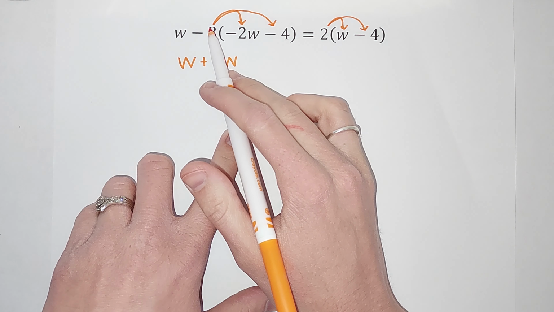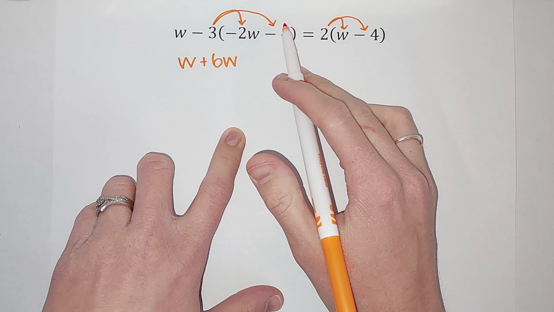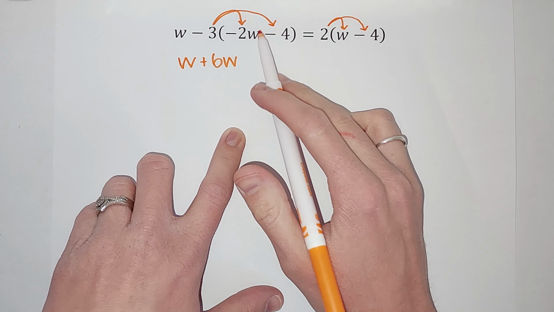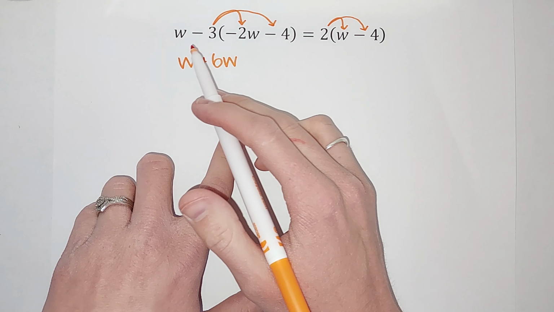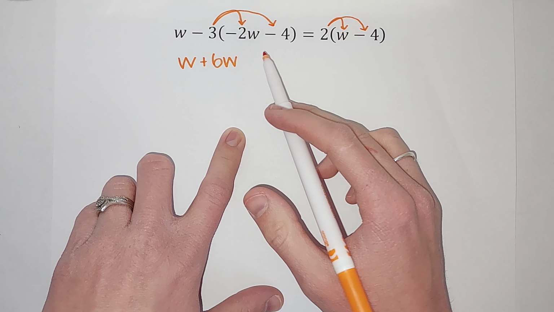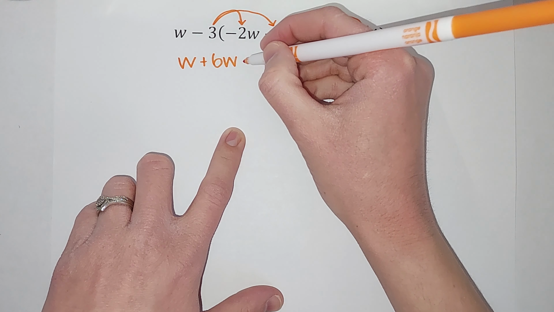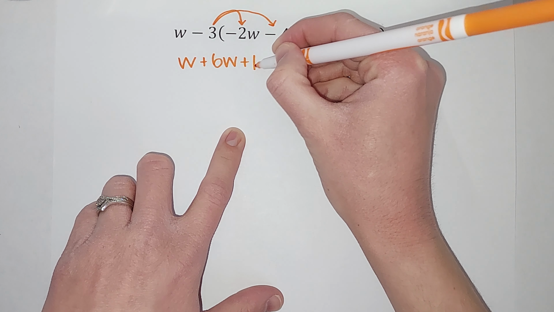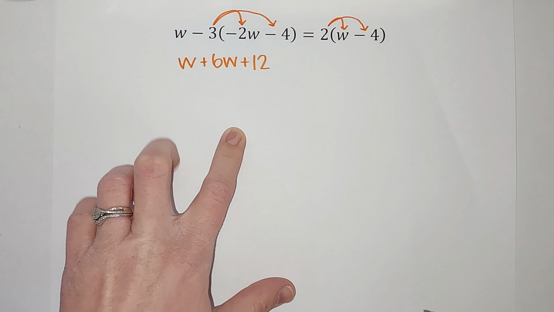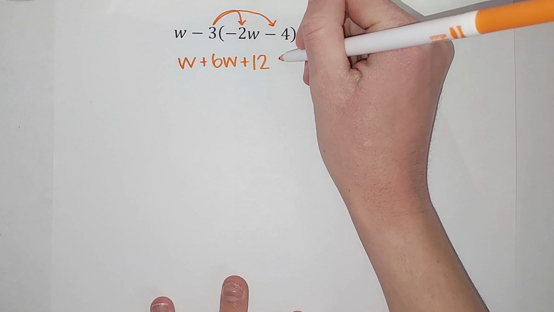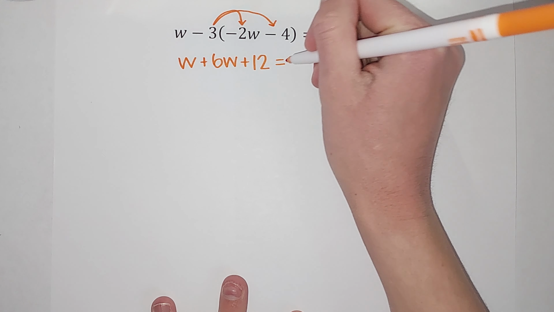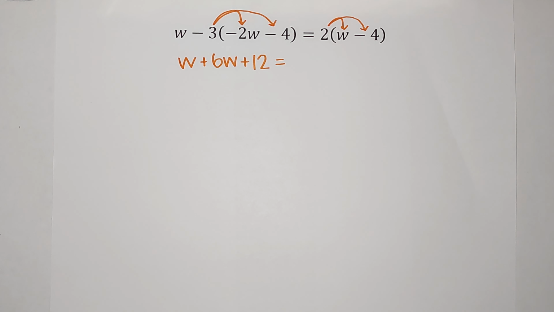That one's taken care of. Now the -3 is being times by the -4. Okay, so again, we've got a negative times a negative, which gives me a positive. 3 times 4 gives me 12. Okay, so look, on that side of the equal sign, all my parentheses are gone, and that looks a little easier to work with, right?